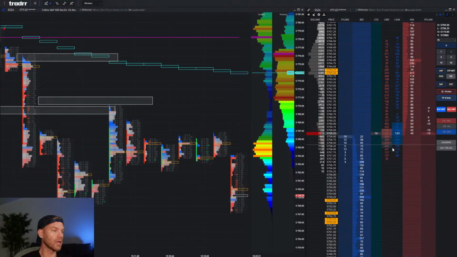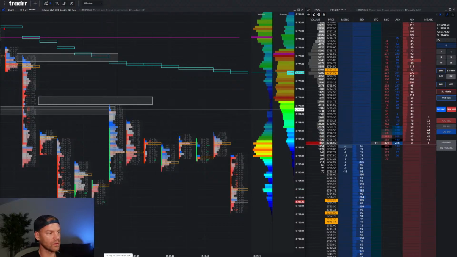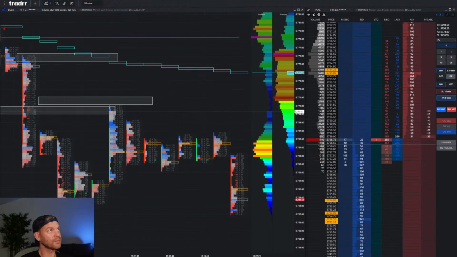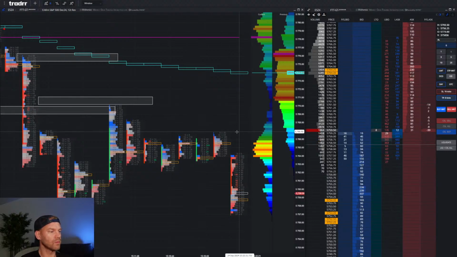Yeah, I didn't know where to short it. This was the only opportunity that I could have tried, close to here, and then the setup here. I didn't, so yeah.